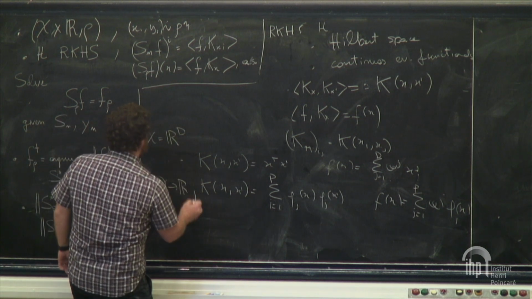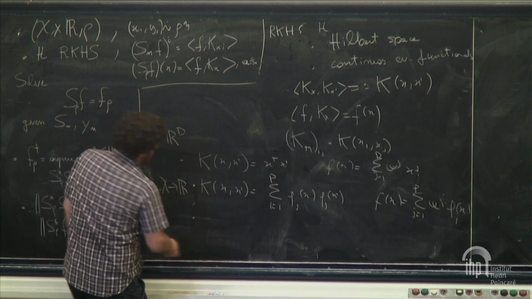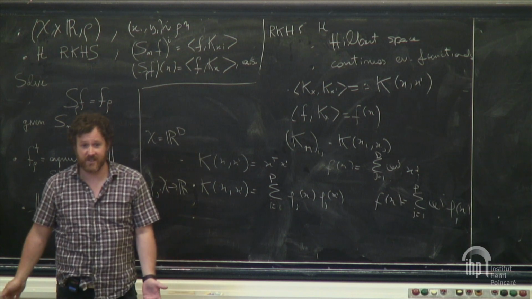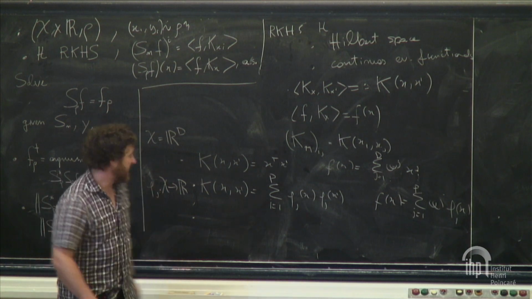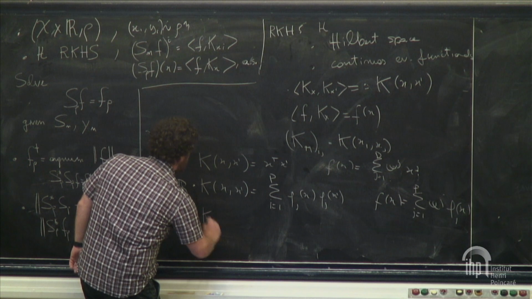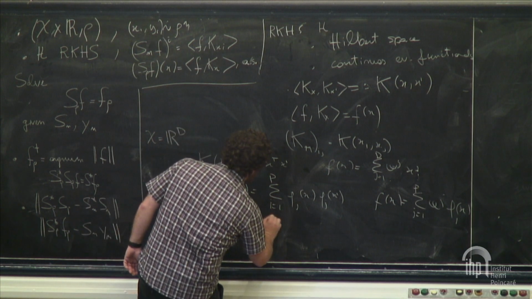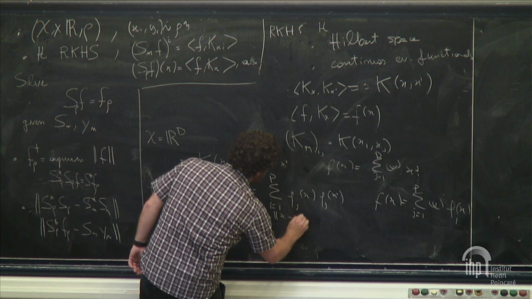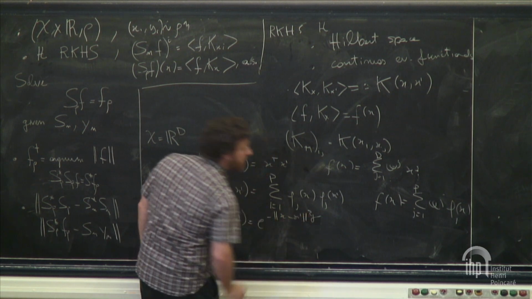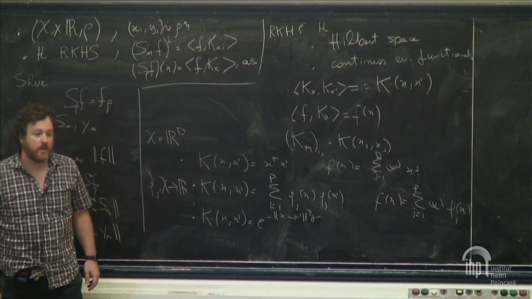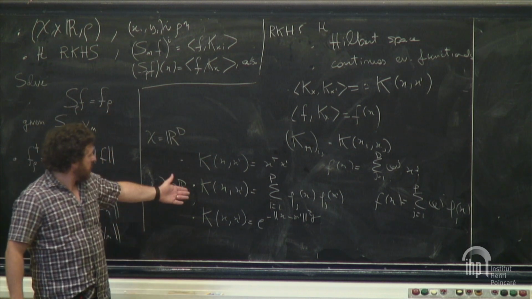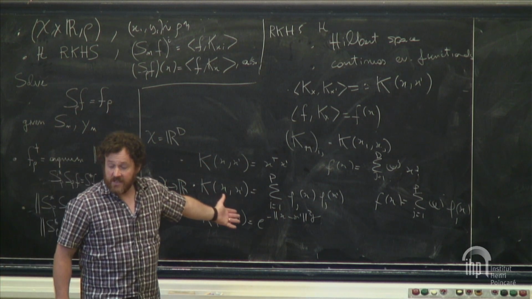The last example I want to show you is the case where you consider K to be a Gaussian. It's easy to check that this is symmetric.